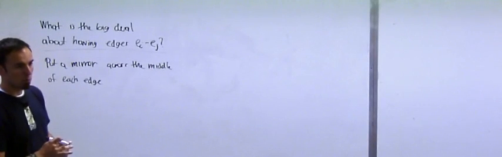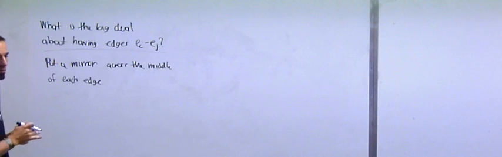And what I claim is that this is not a coincidence. Actually, if you take any matroid polytope and you do this, you're going to get a finite number of images.